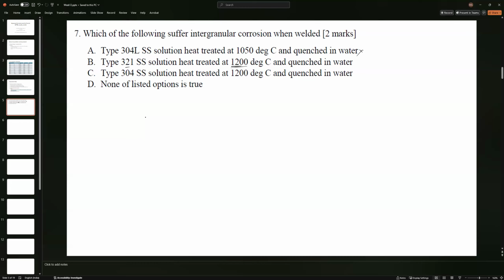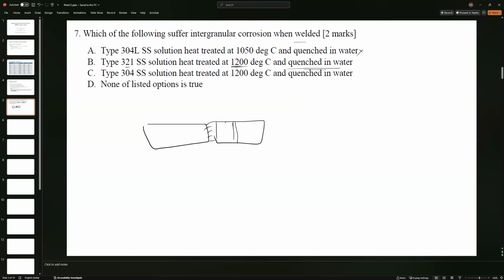So now your carbon is free and it's quenched, so there's no carbide formation. Now when you're welding it, this is your weld.